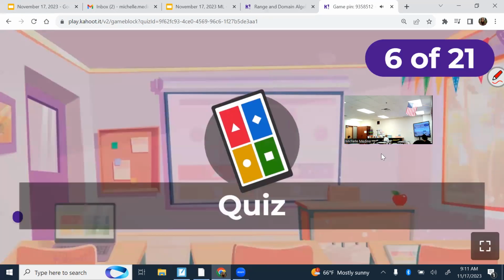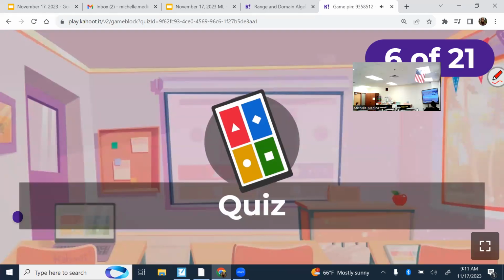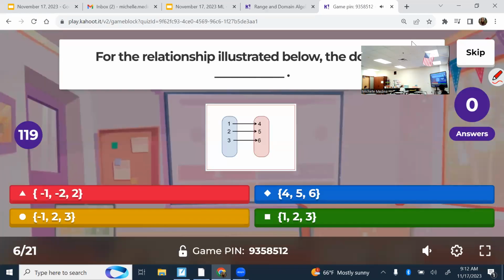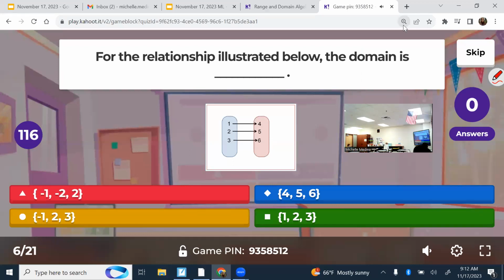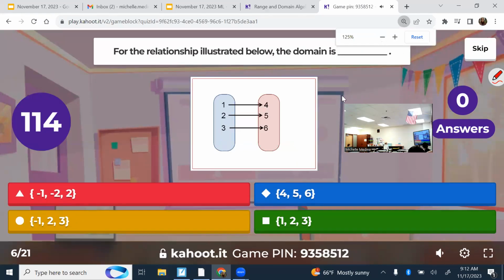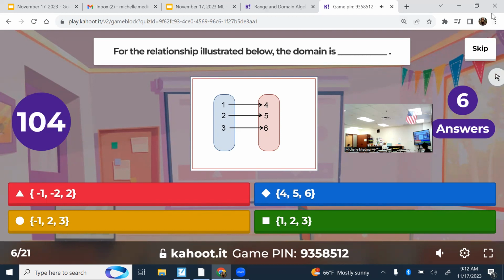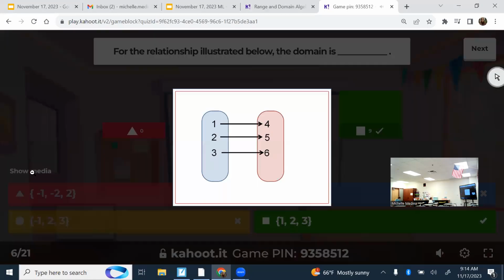For this relationship illustrated below, the domain is, let me make that bigger if I can. So for this illustration, my domain is what? Now this is given to you in what we call a map.